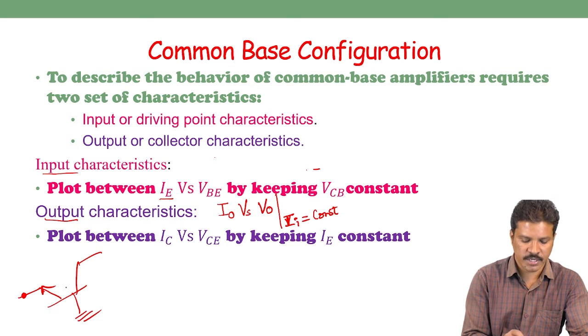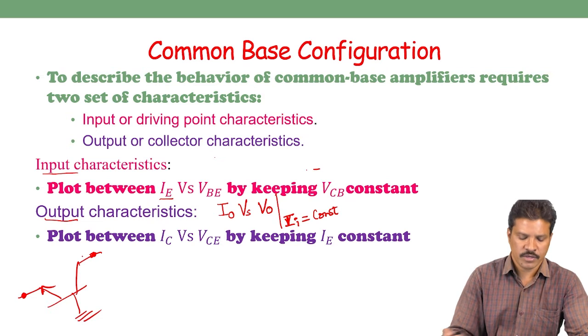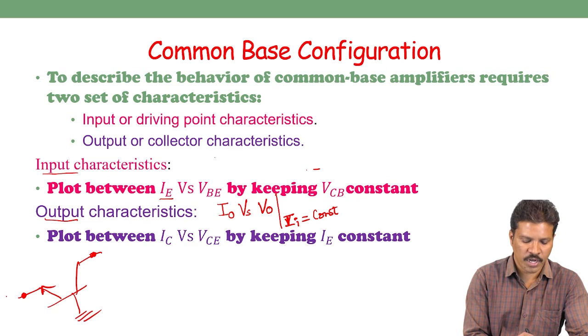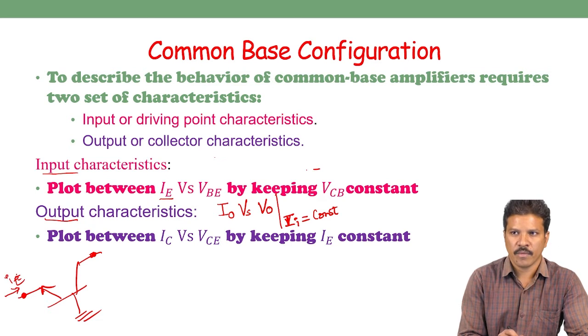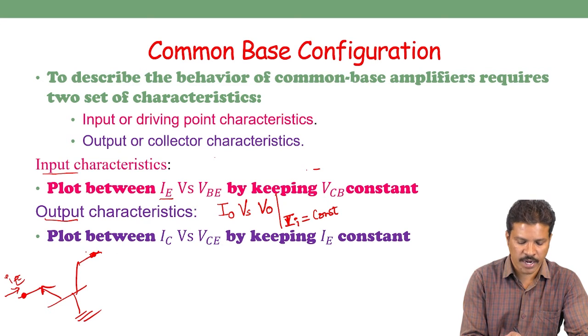Input is given to the emitter terminal, and output is measured at the collector terminal. The current flowing in the input terminal is called input current, which is IE. The current flowing in the output terminal, measured at the output side, is called output current, which is IC, and the current flowing in the base terminal is IB.